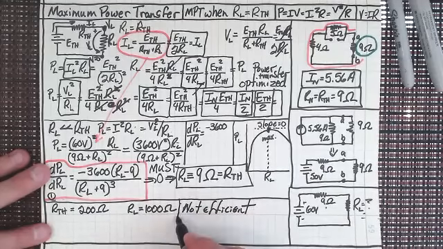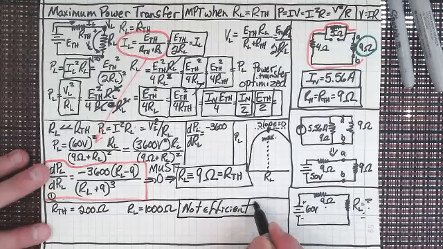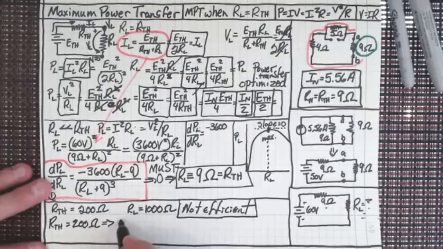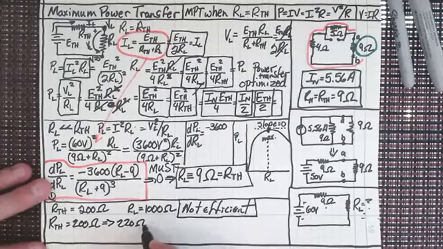Your power transfer, if that's what you're really trying to do, is not going to be optimized. But let's say that you've got something that is 200 ohms for your Thevenin with the circuit, and you put something in there that is 220 ohms. Don't worry about it. Close enough.